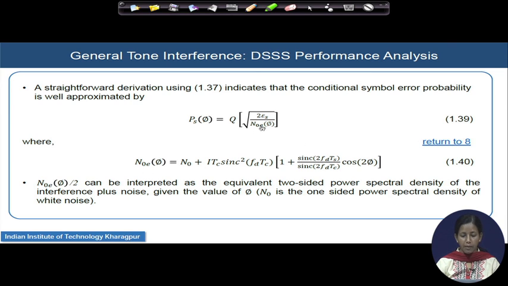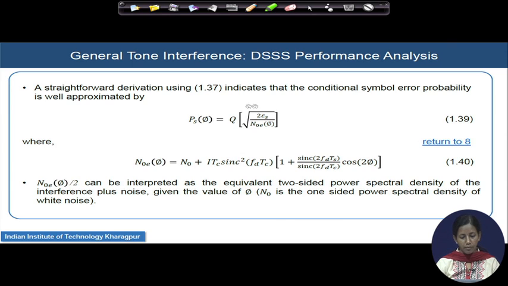This is given by N0e, where N0 is the one-sided power spectral density of noise, and N0e is the combined one-sided power spectral density of the noise as well as the jamming signal. This equation is carried forward from equation 1.37.